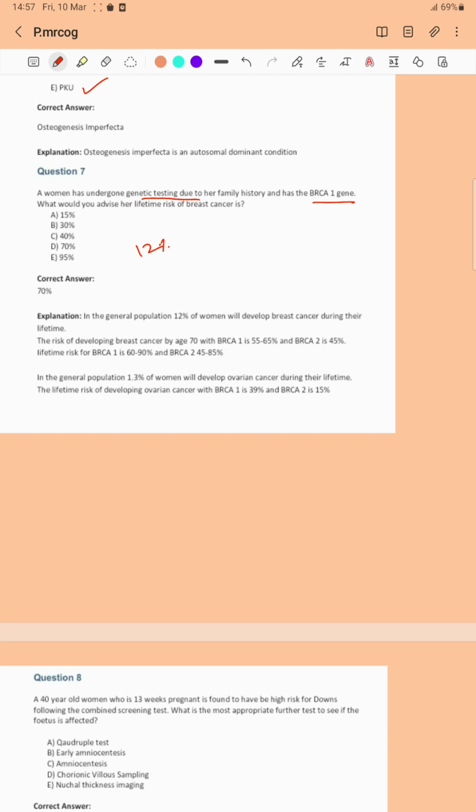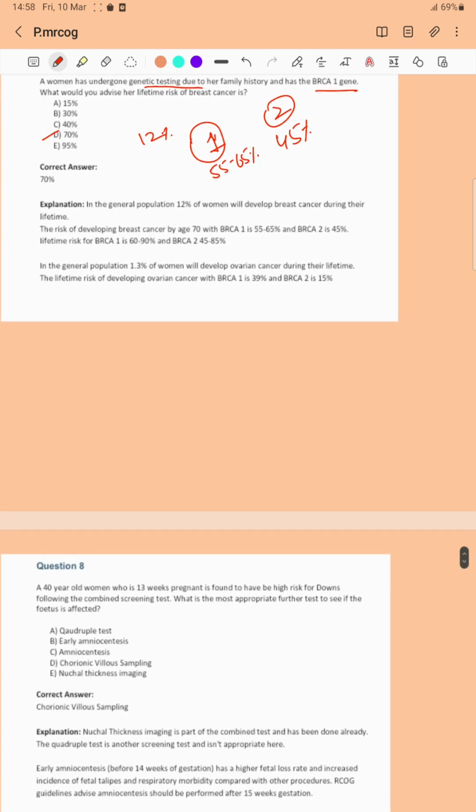But the risk of developing breast cancer by the age of 70 with the BRCA1 gene is 55 to 65%, and with the BRCA2 gene it is 45%. So if the patient has the BRCA1 gene, the nearest option is 70%. So we'll choose 70%.